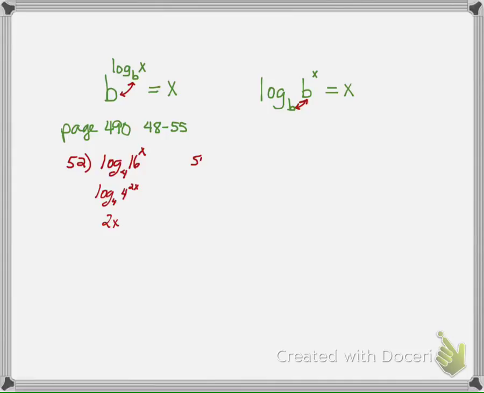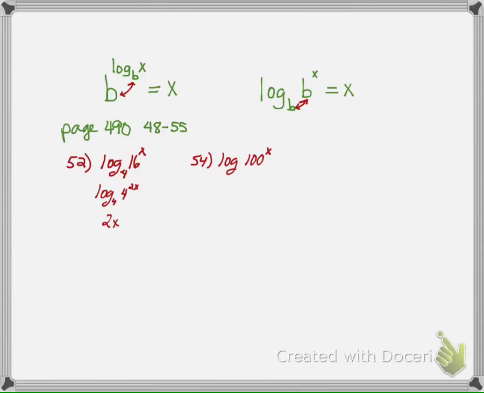Tell me about 54. It says log 100 to the x, right? And it doesn't even say what base it is. So what did we talk about before about the logs that don't have a base? What is the base? Base isn't 1.